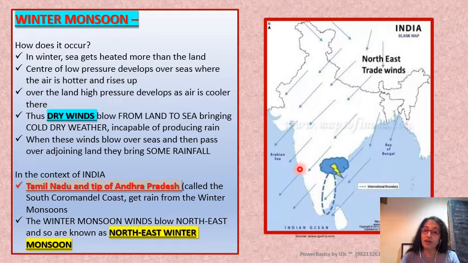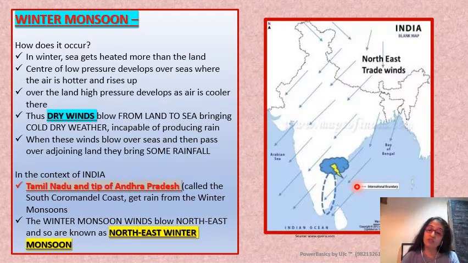But when they blow over the Bay of Bengal, they pick up moisture and go and rain in Tamil Nadu and the tip of Andhra Pradesh. When these winds blow over seas and then pass over the adjoining land, they bring some rainfall. In the context of India, Tamil Nadu and Andhra Pradesh, the south, called the Coromandel coast, get rain from winter monsoons.